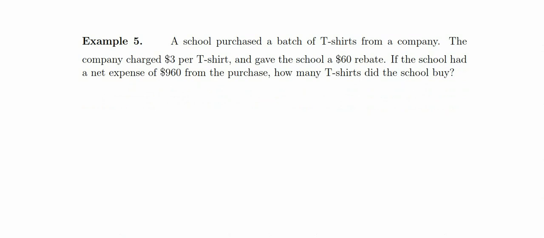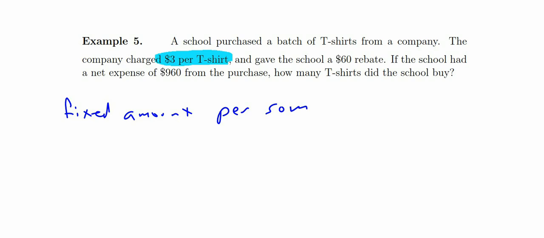Now, sometimes we have these word problems because we love word problems, right? So a school purchased a batch of t-shirts from a company. The company charged $3 per shirt. Now, anytime you see a phrasing like that where there's a fixed amount per something, like in this case, $3 per shirt.